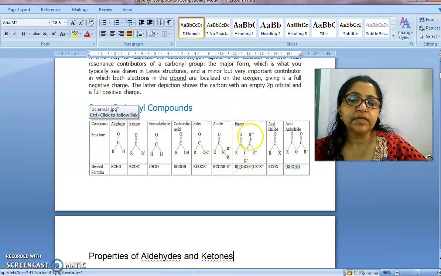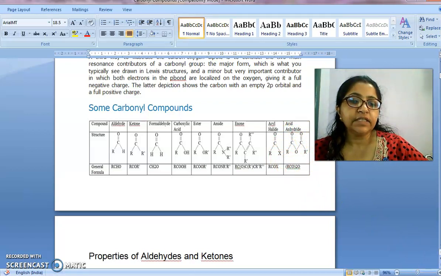Just see what the structure of an enone is. Enone has a ketonic group and an ene, that is an alkene group. Alkene group and ketonic group together we call an enone. The carbonyl group along with a halide we call an acyl halide, and this is the acid anhydride group.